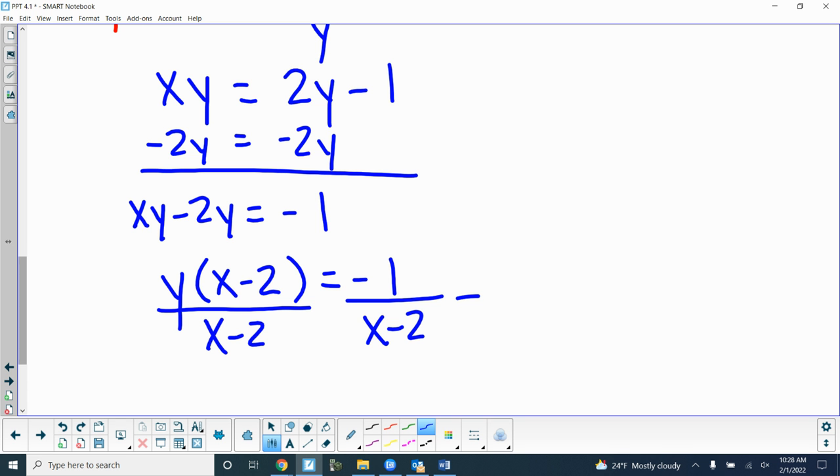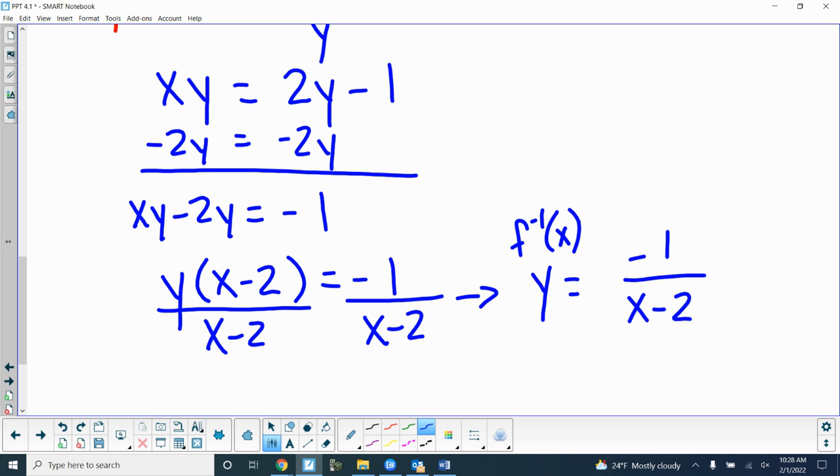So we got y equals negative 1 over x minus 2. Or again, you can write it as f inverse if you want. Either way, what makes that denominator 0? What value of x makes this equal to 0? 2. So that's the restriction. x is not allowed to equal 2.